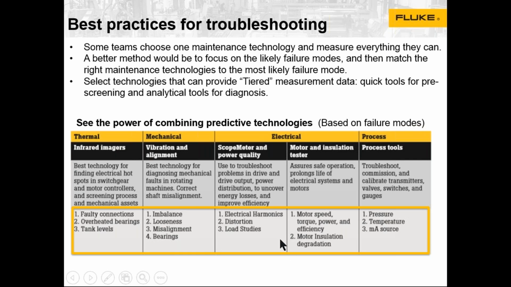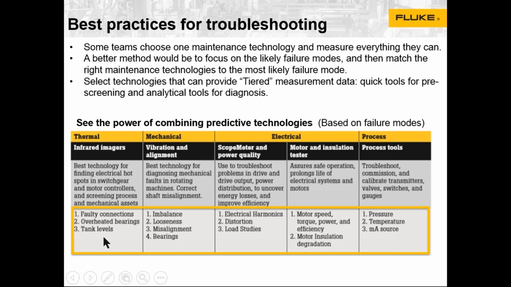Where for electrical, we're going to be looking for harmonics, distortion, and doing load studies. For motor insulation, motor speed, torque, power, efficiency, insulation. And then for process tools, pressure, temperature, and milliamp.